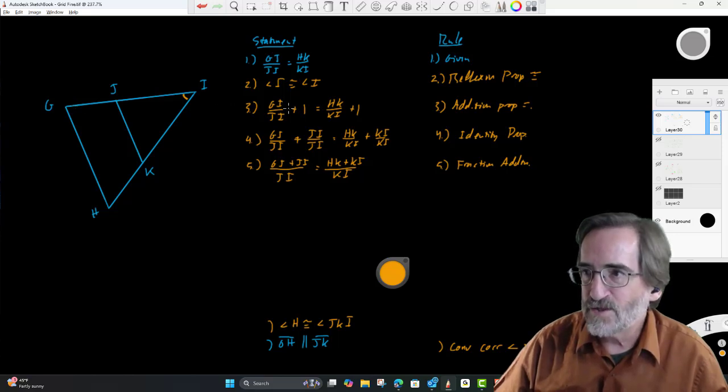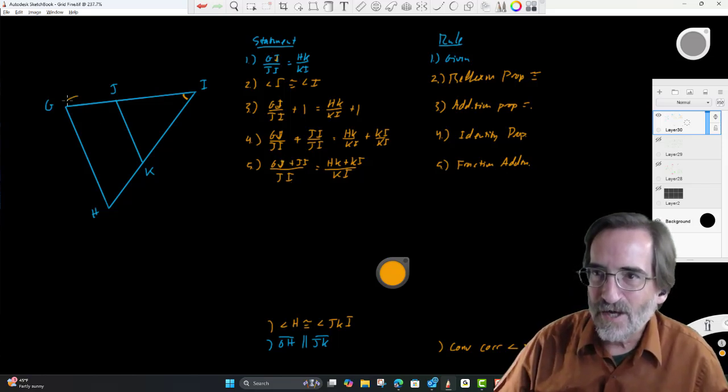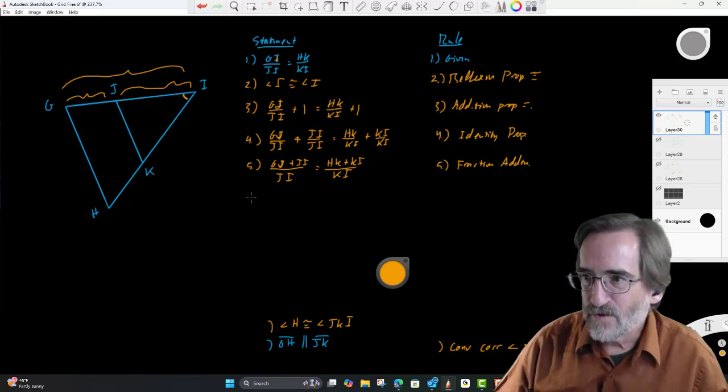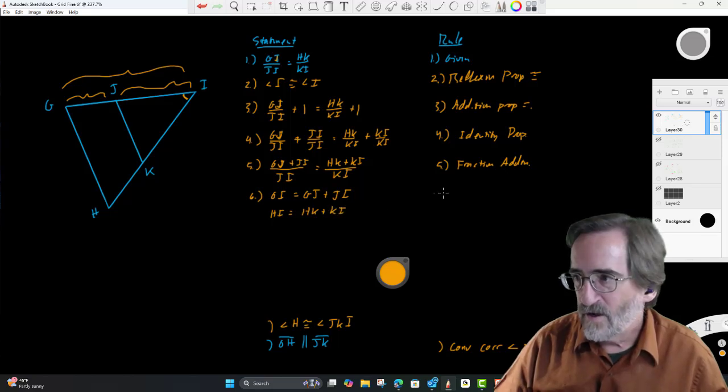Oh, I messed up, GJ. I'm misreading my own writing. So GJ plus JI happens to be GI, right? So step 6, GI equals GJ plus JI, and HI equals HK plus KI, and that's segment addition.